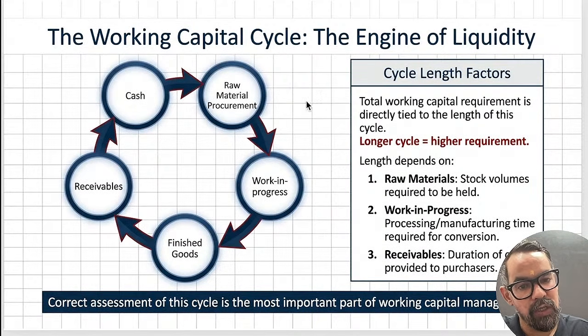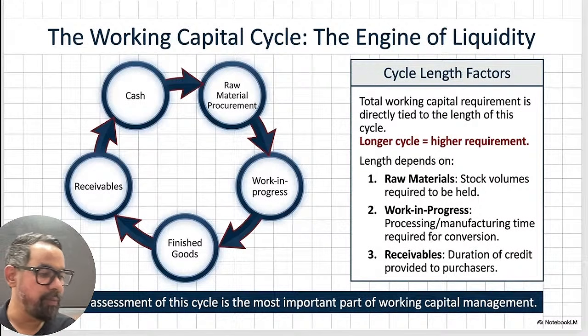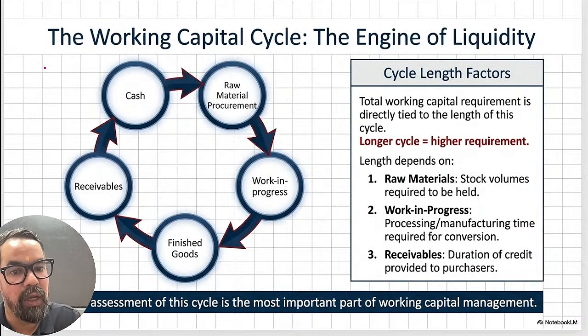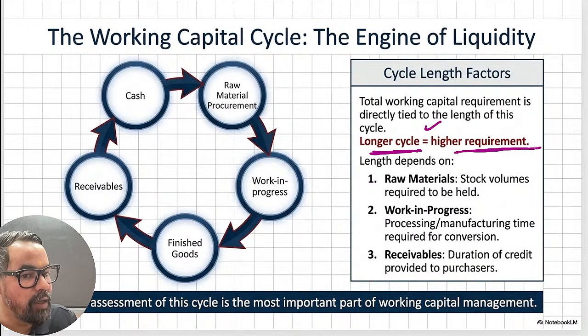Let's say transportation and others, like railways, they first receive money, then they provide the services. So the total working capital requirement is directly tied with the length of the working capital cycle. So longer the cycle, higher the requirement.